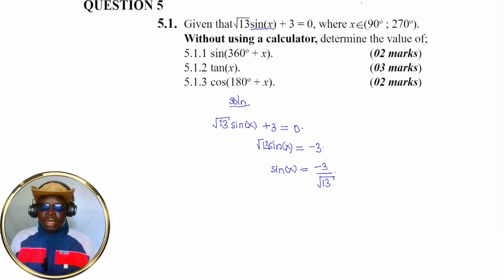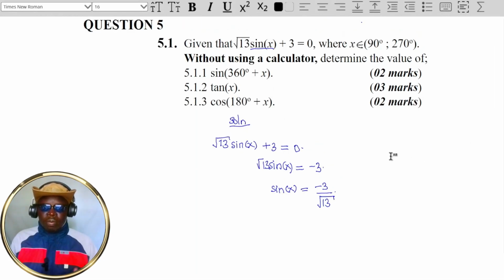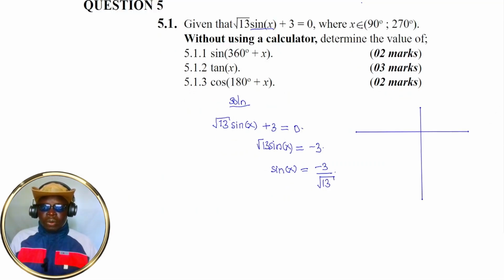From here, we can also draw a CAST diagram in order for us to locate this without any challenge. First, we give the angles: here is 0 degrees, here is 90, here we have 180 degrees, here is 270 degrees, and back to 360 degrees.